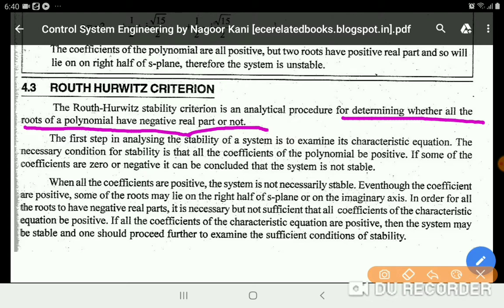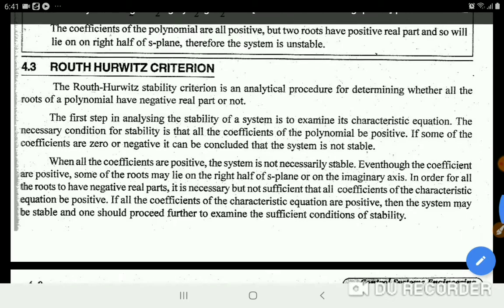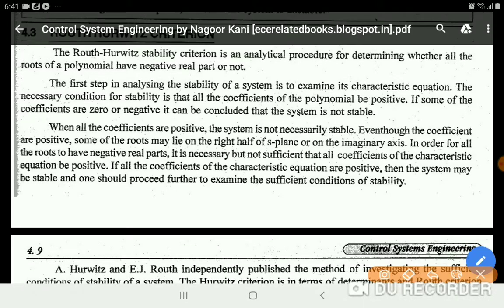For that we consider only the characteristic equation. This is the Routh stability criterion at an introductory level. Then the statement we'll see later. While doing this, you can follow step-by-step procedures.